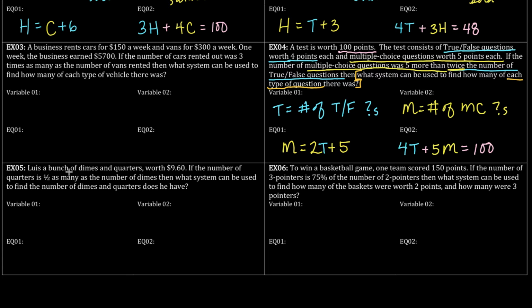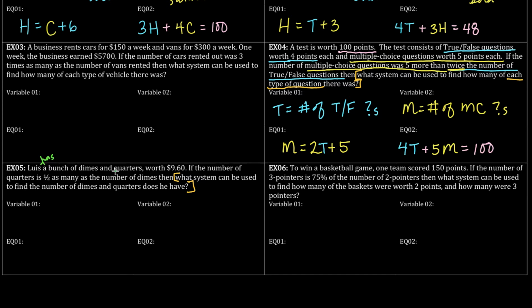Luis has a bunch of dimes and quarters worth $9.60. So let's just jump to the end. What system of equations can be used to find the number of dimes and quarters?